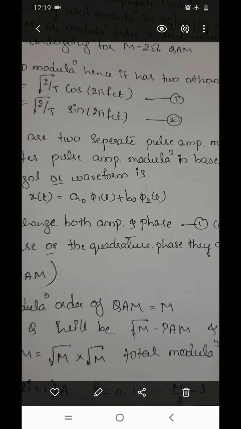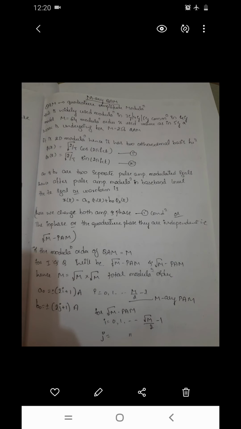So here we change both amplitude as well as phase. This is the first condition. The second condition is that the in-phase and quadrature phase are independent, that is root M of PAM. So we are going to use this second condition.